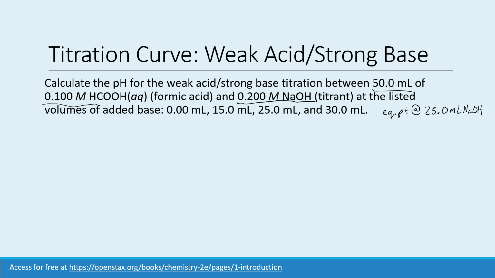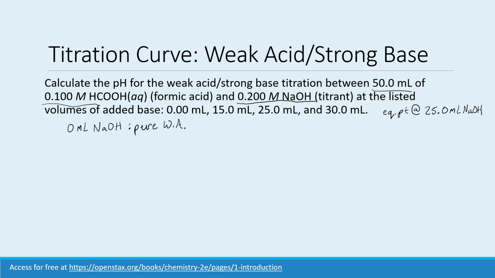So starting out with the initial state, we've got 0 milliliters of sodium hydroxide. And so we're looking at pure weak acid. And so this goes back to those Ka expressions, those acid ionization expressions.